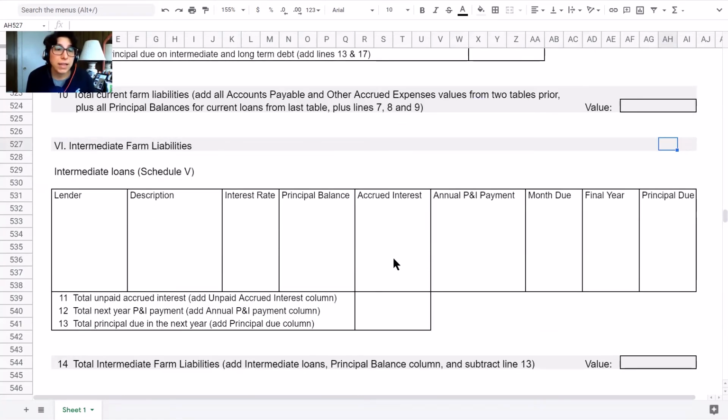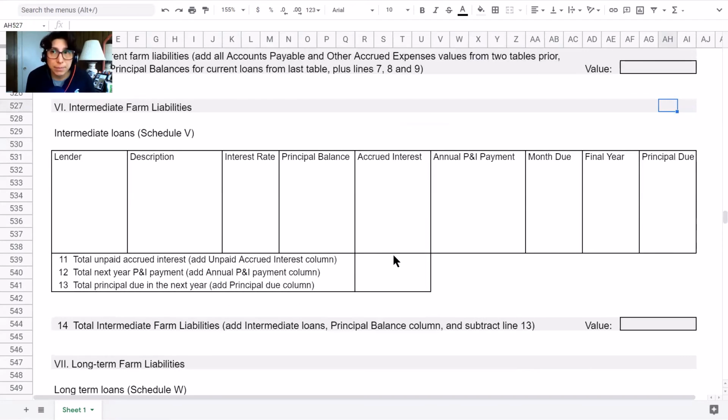Okay, intermediate farm liabilities. Intermediate liabilities, like we said, are debts against intermediate assets, machinery, breeding livestock, and perhaps buildings. Depends. These typically are due within 7 to 10 years. For intermediate loans, follow the same instructions that we said before for current loans, except that final year is the year the loan is scheduled to be paid in full.